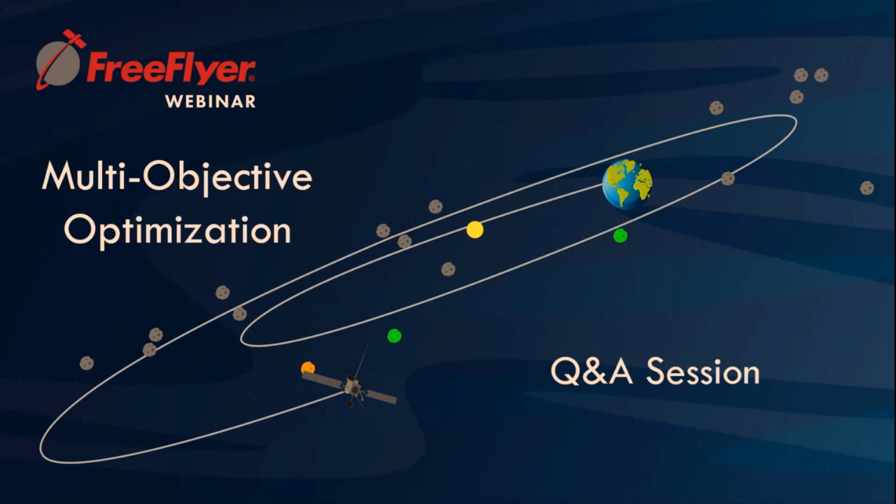For starters, with the single objective optimizer, typically you'll be utilizing derivatives to solve the problem, and you'll be following a path down to a particular solution.